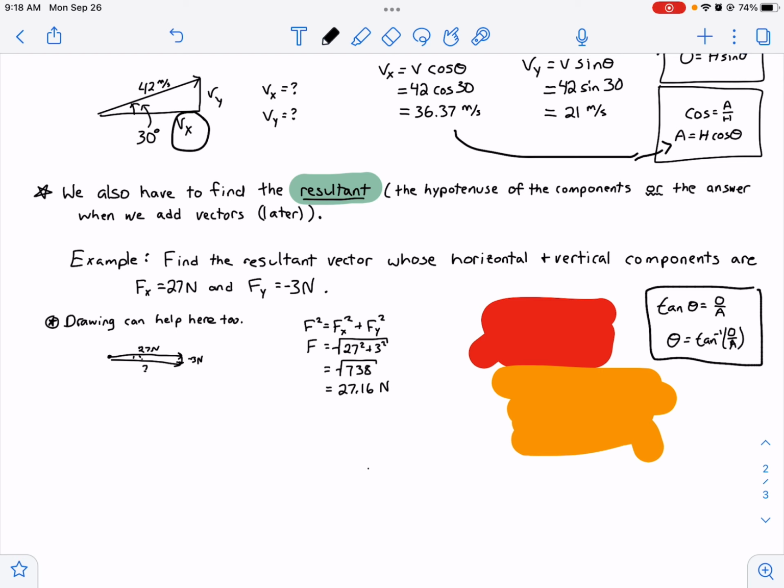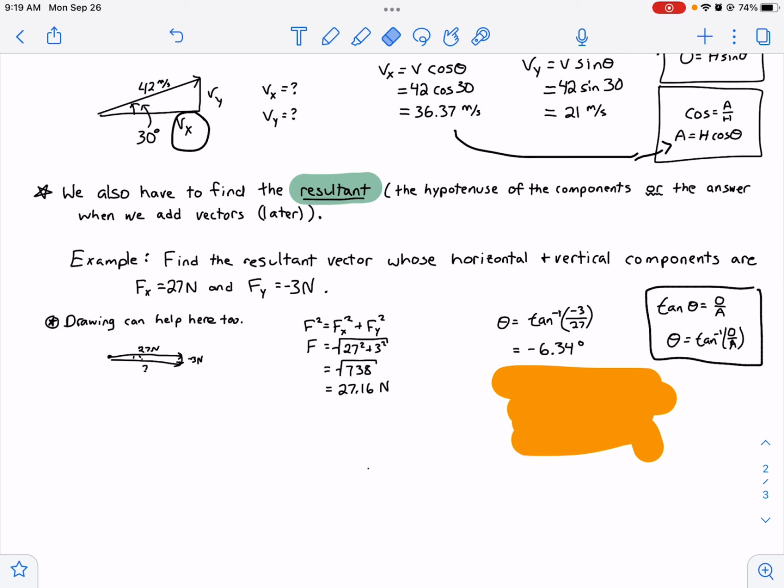So if I used a tangent, I don't have to use my hypotenuse. So I used tangent of theta. And then I solved for theta by taking the inverse tangent. So I'll be doing tangent minus 1 of the opposite over the adjacent. When I wrote that down, I stuck my numbers in. The opposite is the -3, so I put that on top and the 27 on the bottom. And when I plugged that in my calculator, it gave me -6.34 because I was in degree mode.